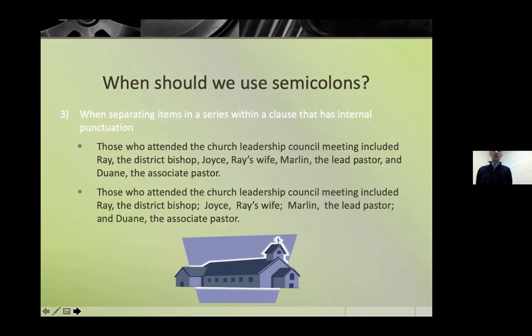So in this case, what we can do is use commas for the internal punctuation, because what's happening is we're giving a proper noun plus a descriptor of who that person is. So you use the comma internally, and then you use the semicolon between the items in the list.